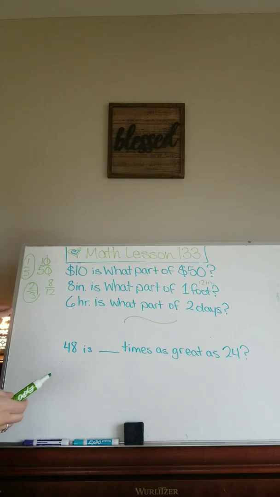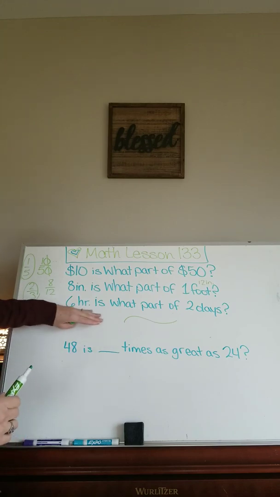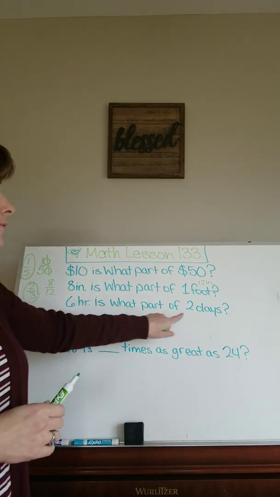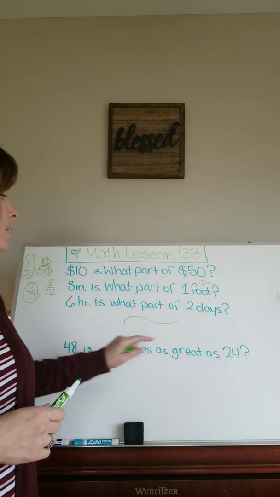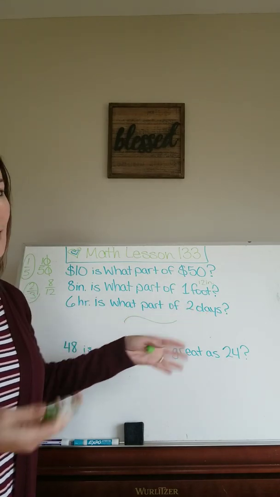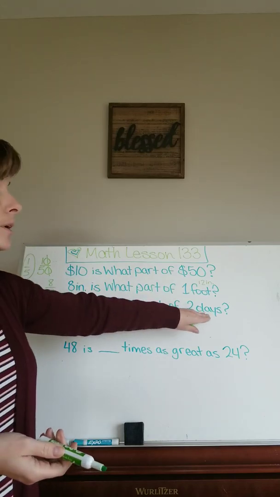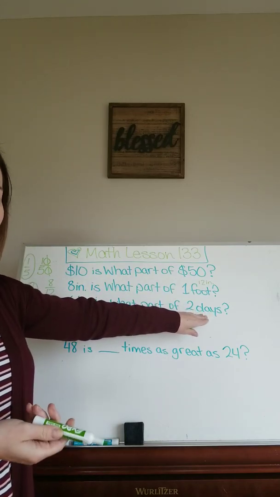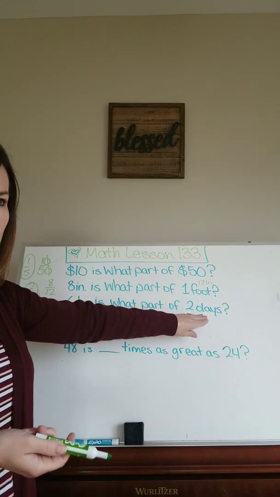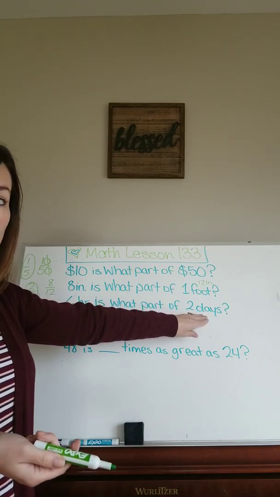Okay? Here's another one where we're going to have to think before we just start making fractions. This says 6 hours is what part of 2 days? So here I have hours and days. That doesn't work. I have to have them both in the same unit. So let's change this to hours. How many hours are in a day? 24. So how many hours would be in 2 days? 48.